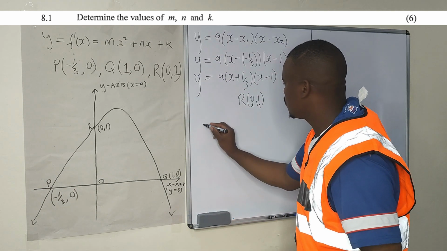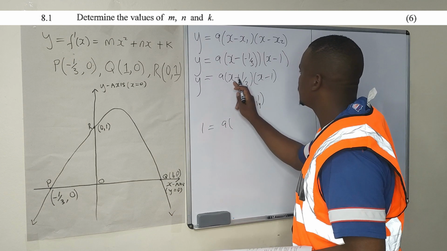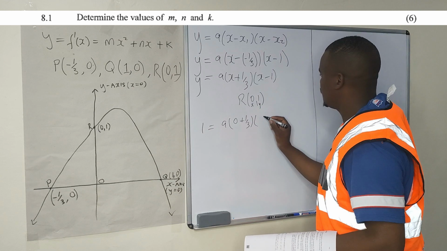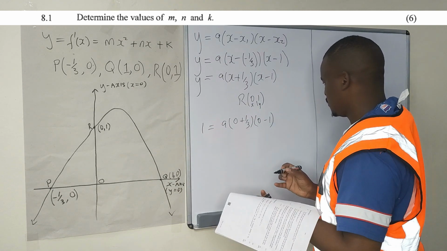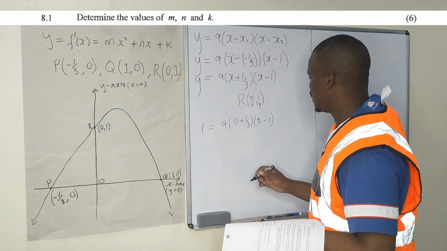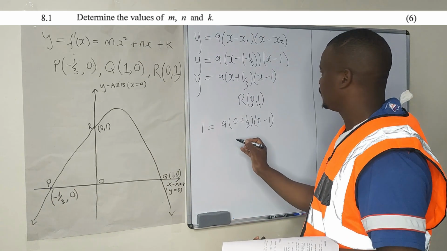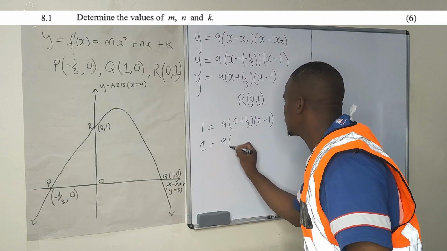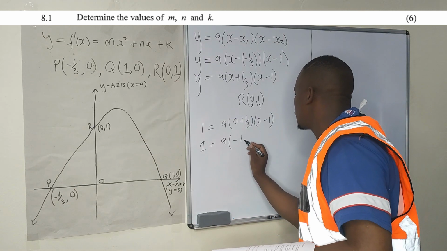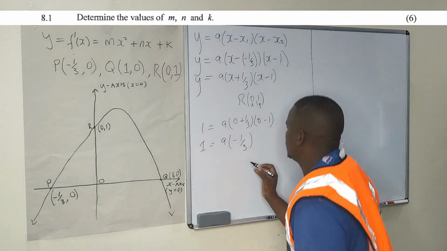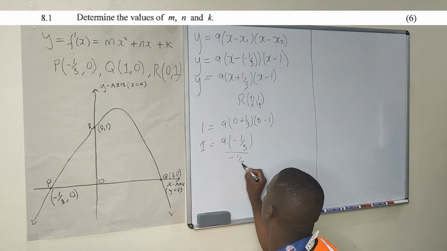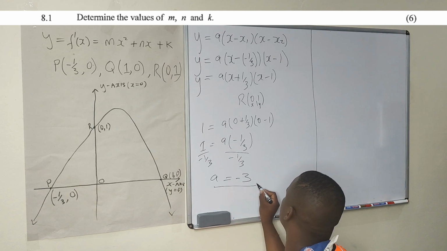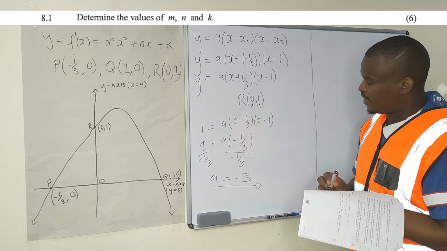You put your y there: y is equal to a times (0 plus 1 over 3) times (0 minus 1), right? Then just punch this in your calculator. You have 1 is equal to a times minus 1 over 3. Then you divide by minus 1 over 3, so a is equal to minus 3. That's the value of a.